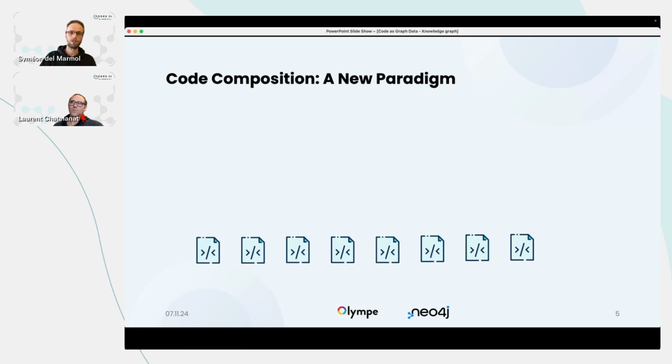But code composition goes further than that, because yes, you start here with a lot of independent pieces of code, well defined, but they could be of different natures, like an algorithm, a very simple mathematical function, a UI component, any kind of thing in your favorite language.